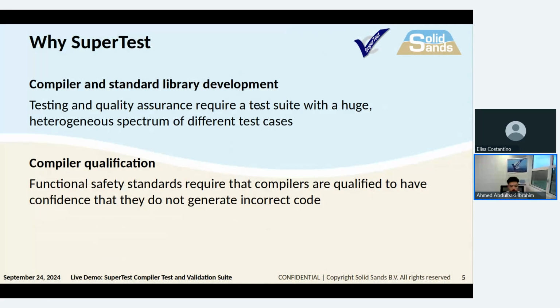Another ideal scenario would be if you're trying to qualify a compiler in order not to produce faulty code in line with functional safety standards. So SuperTest is a very suitable choice if you are pursuing compiler development or qualification or both. So let's provide an overview about it.